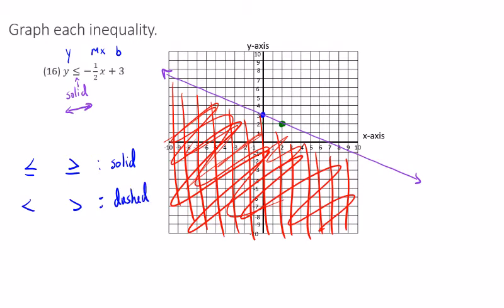And then if it's less than or less than or equal to, you're going to shade below, or sometimes to the left. If it's greater than or equal to, that's going to be a greater than, you're going to shade above, or to the right if it's vertical.